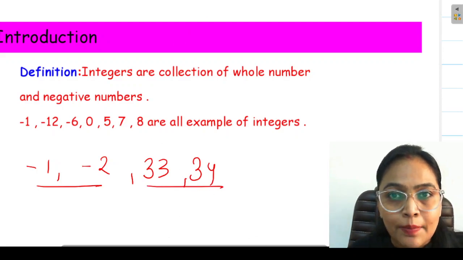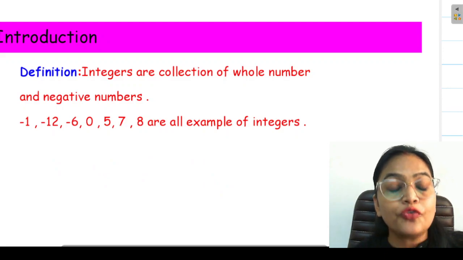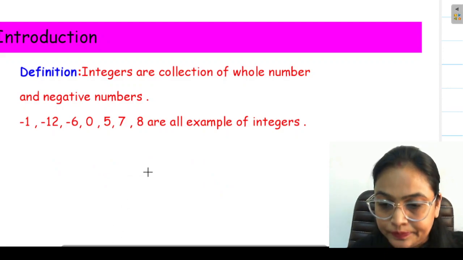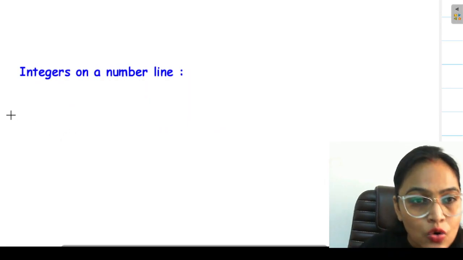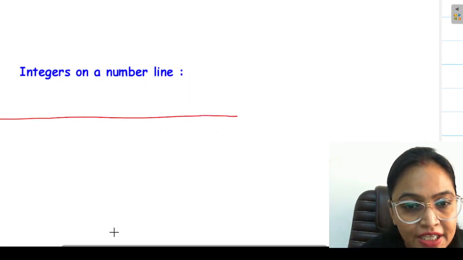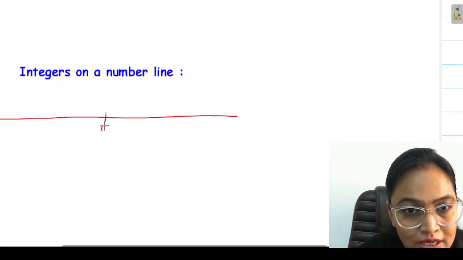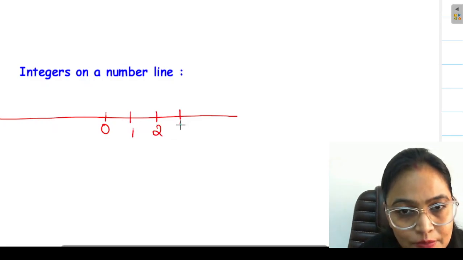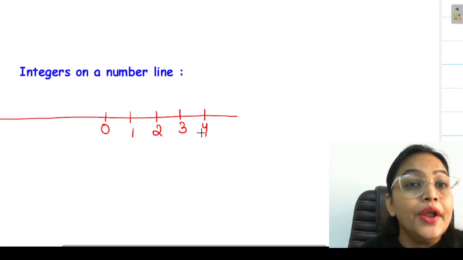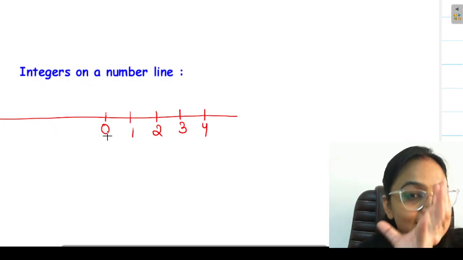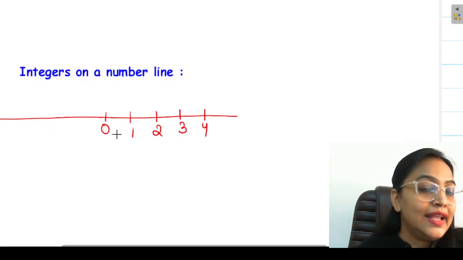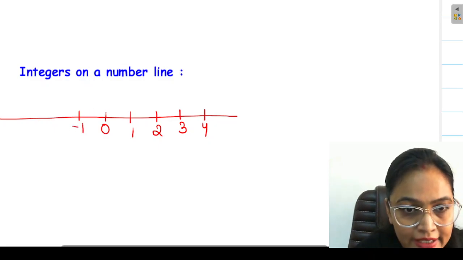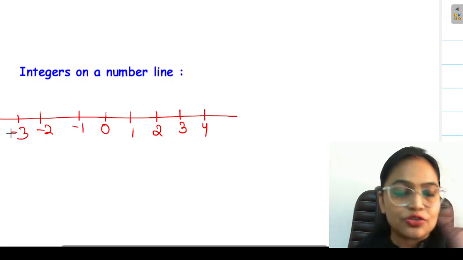अब आती है बात representation of integers on a number line. Now, if we see the representation of whole numbers on a number line, we'll start with 0 and then we'll represent positive numbers like this, right? Now, in case of integers, we'll extend this number line to our left hand side and include -1, -2, -3 like that, okay?